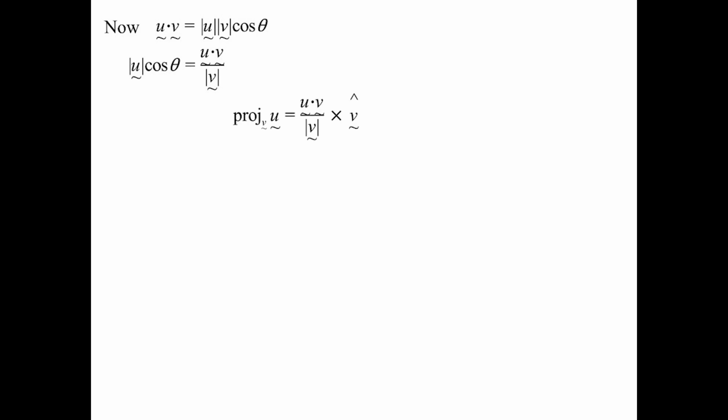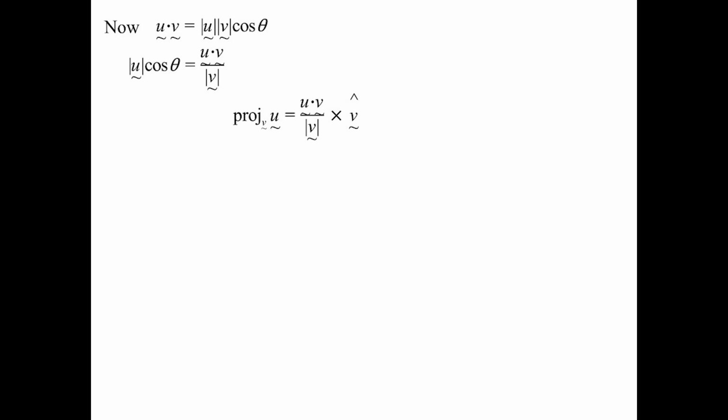Okay, we said the projection, and here's the notation of it if you like, proj for projection, of u on the vector v. So v is like the subscript there. So we said it was u dot v divided by the magnitude of v times the unit vector in the direction of v.